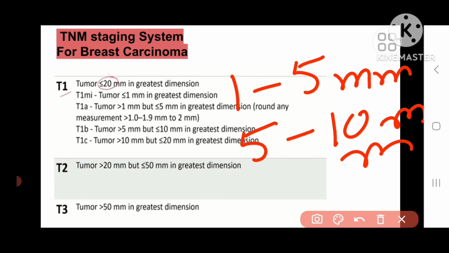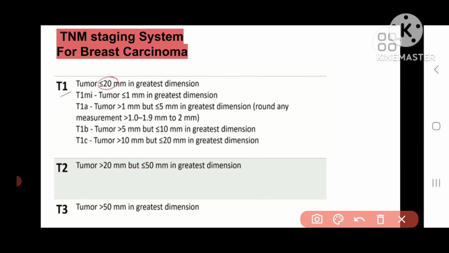And T1c means tumor size is between 10 to 20 mm. And T1mi, microinvasive, means tumor size is less than or equal to 1 mm in greatest dimension.